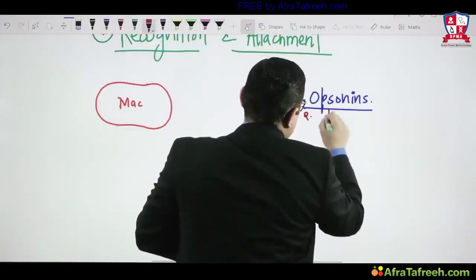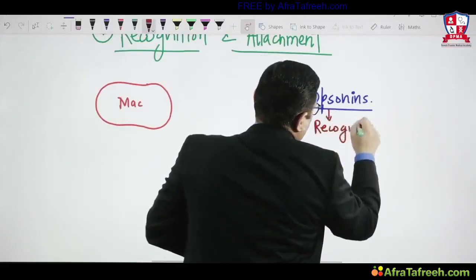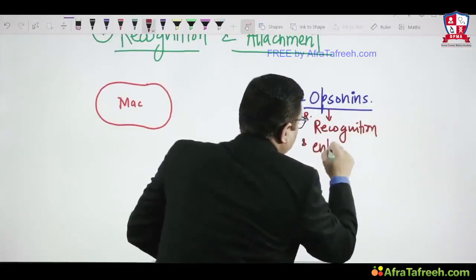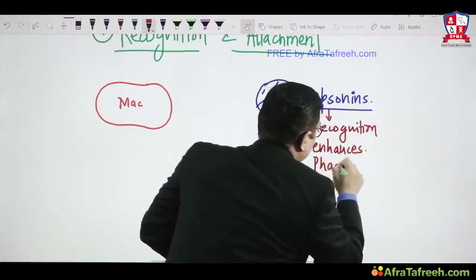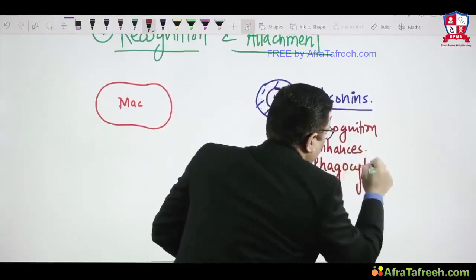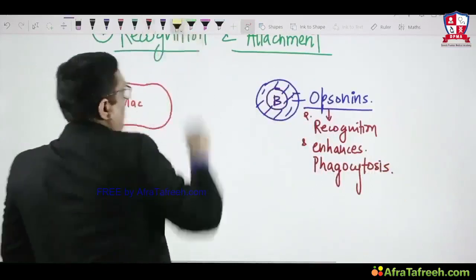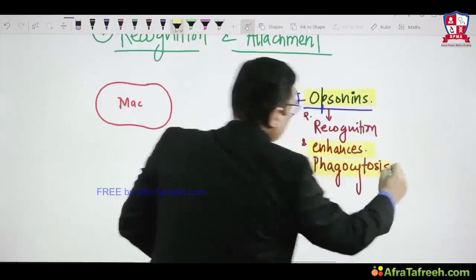Opsonins are the substances which help in recognition and enhance phagocytosis. That was the answer in the All India exam.